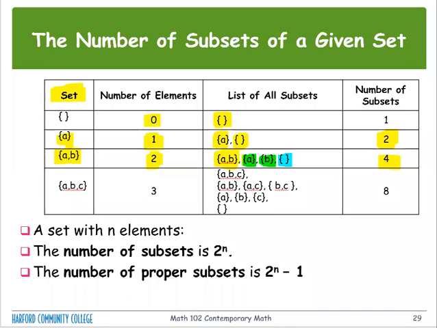If we add one more member into the set, the cardinal number is 3. Start making a list of all subsets, starting with the set itself that has 3 members, and then the sets containing 2 members. In this case, the 2-member sets would be AB, AC, and BC. The next step, make a list of the sets containing only 1 member.